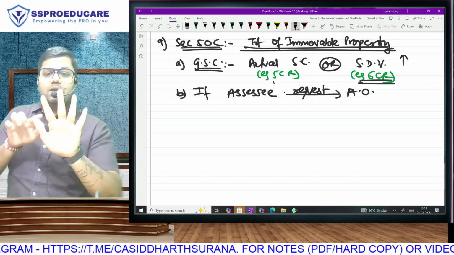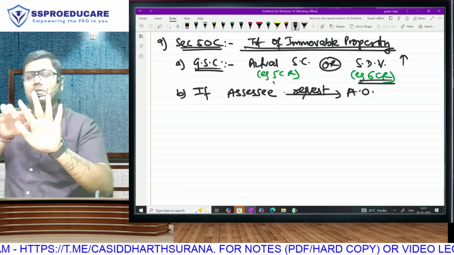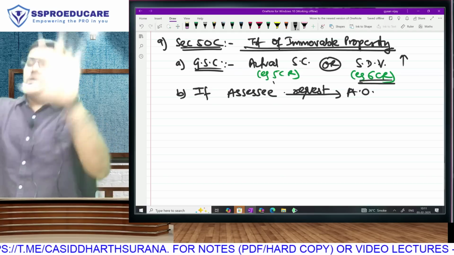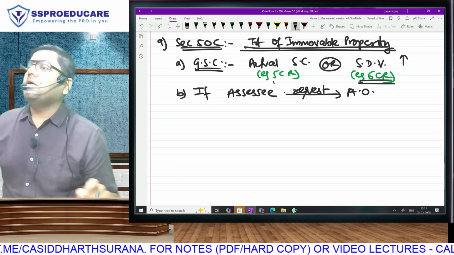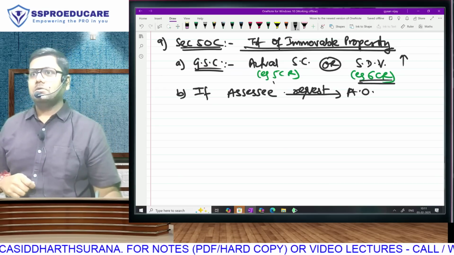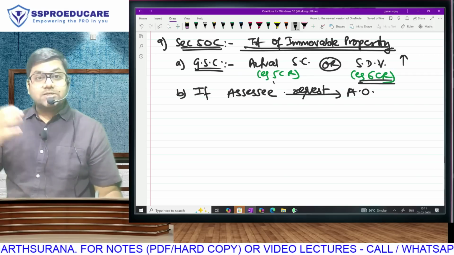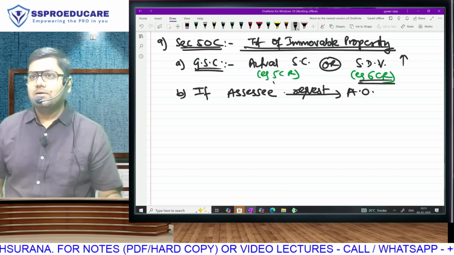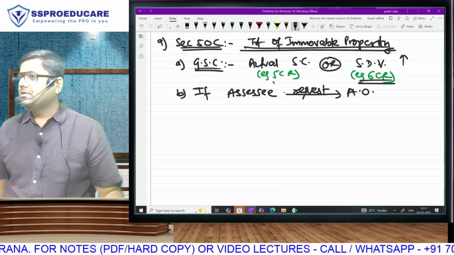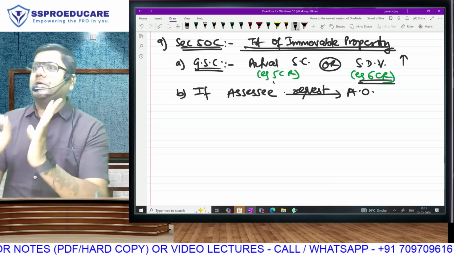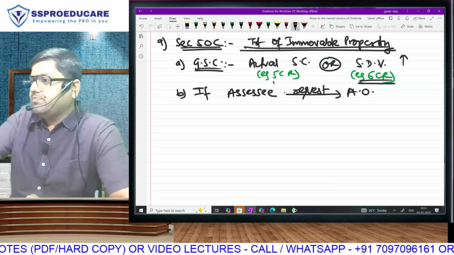He does it like that. He has got absolutely no brains. This local authority has got absolutely no knowledge of valuation of properties.